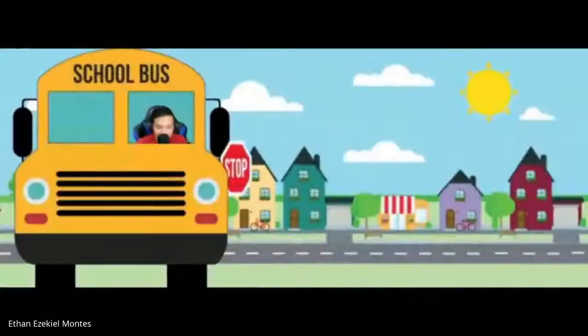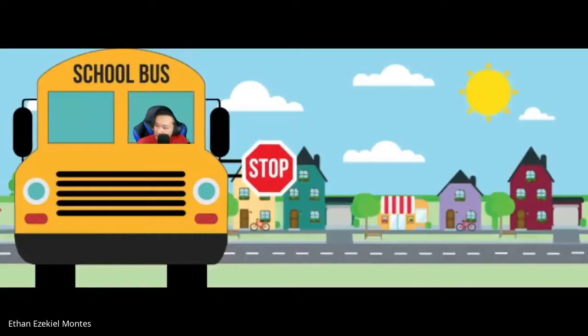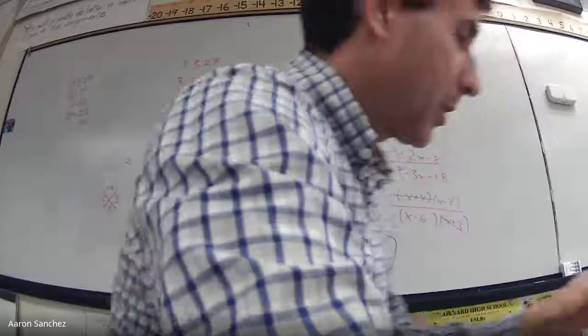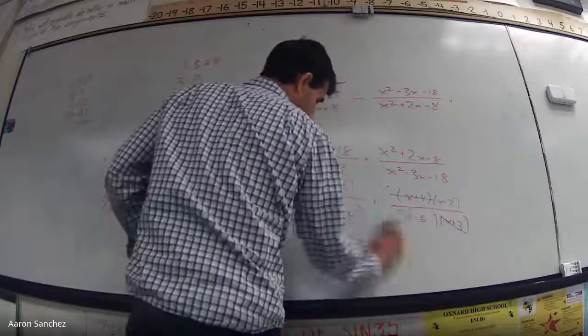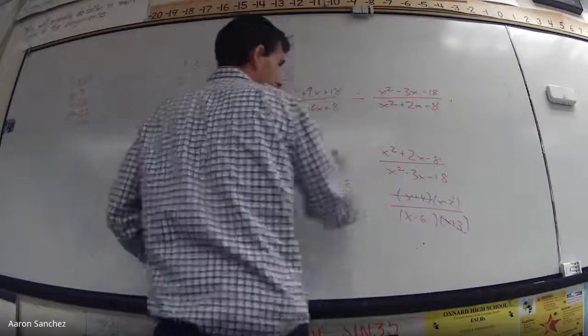I got a question for number 17. I still don't understand how you got 2x times x plus 2 on 2x squared plus 4x. Okay, I have to do the whole thing, I think, because I'm not sure what you mean. Stop me when you're confused, okay?